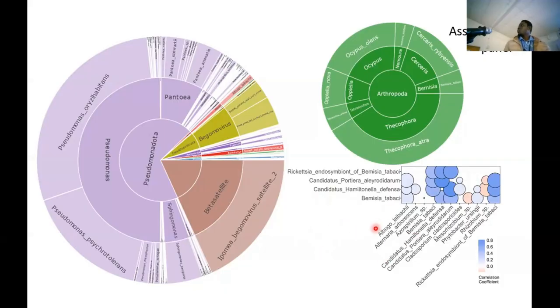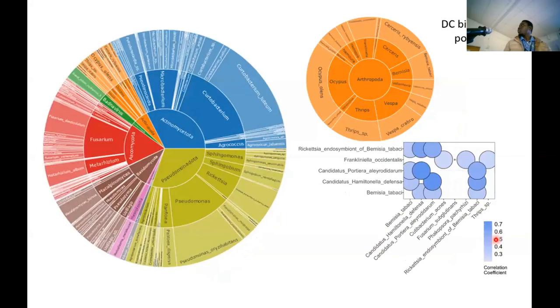The positive interactions are mostly the strongest, which is the interaction between Bemisia and its endosymbiont. This correlation coefficient was up to 0.8, which is a strong positive correlation, which shows the sort of interaction that exists positively between Bemisia and its endosymbiont.